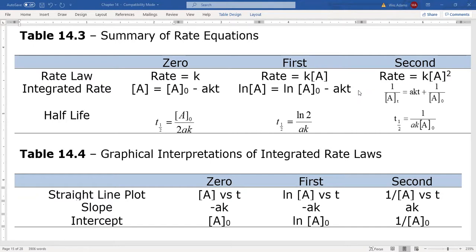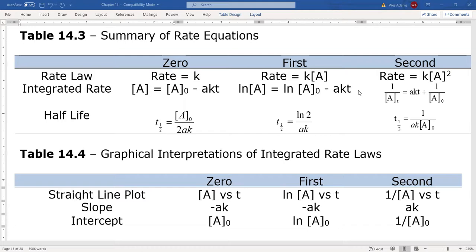And so the integrated rate law would be A equals A sub 0 minus aKt, or the half-life is the initial concentration divided by 2ak. Again, that doesn't happen a whole lot because it has to be independent of the concentration. Usually it's because there's an extremely large concentration of one of the reactants, and so changing it more at that point doesn't really impact anything.